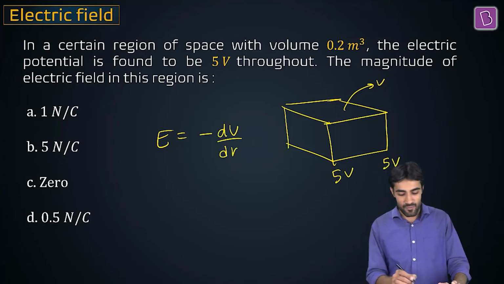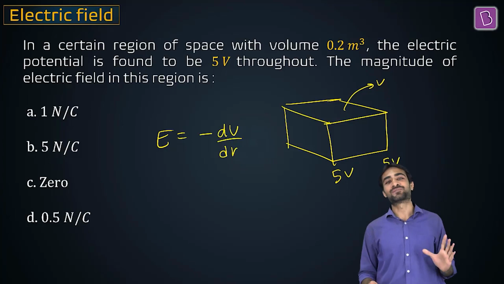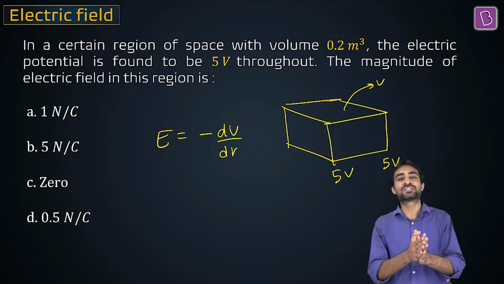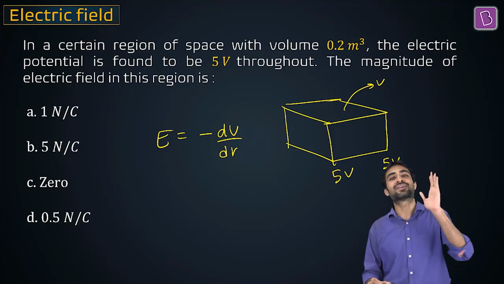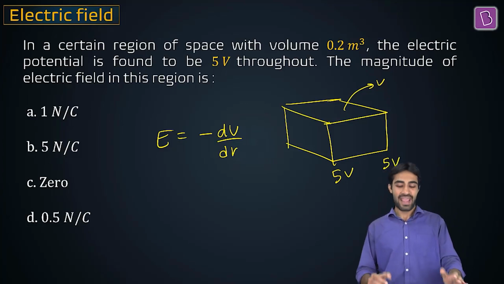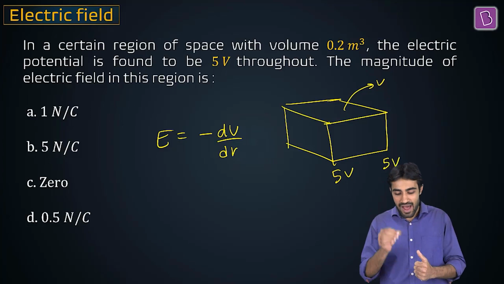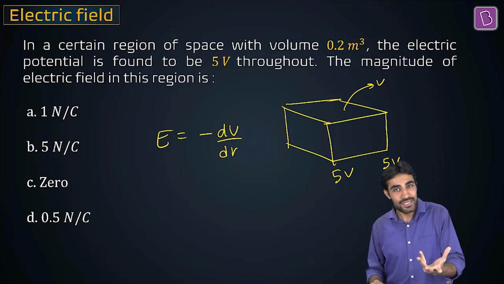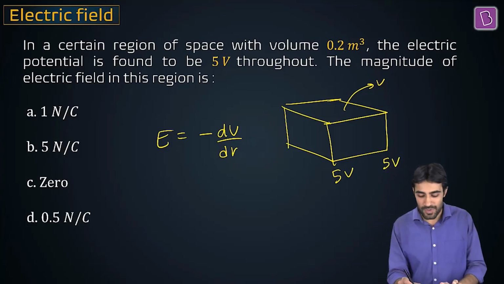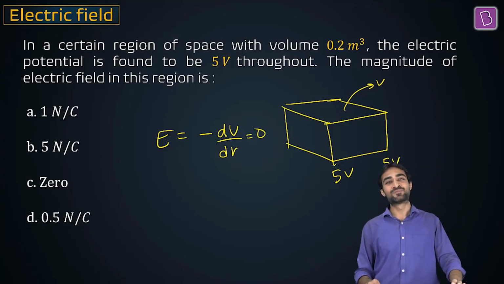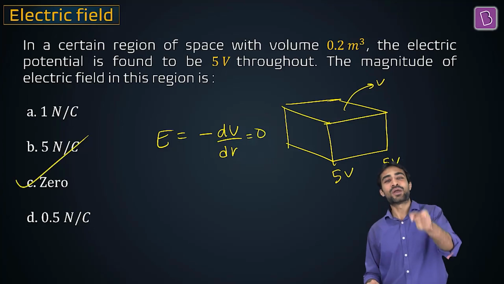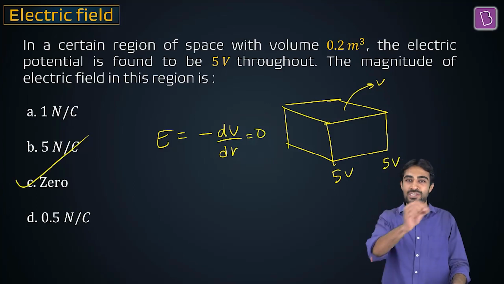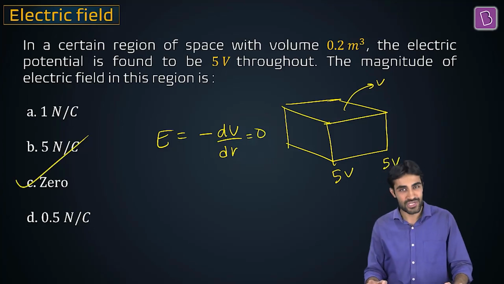So this means when the potential changes with r, the distance, then we get the electric field, right? And we can see in our case the potential is constant. So when dV is equal to 0, electric field is also 0. Isn't it true? So option C, 0, is the value of electric field. Option C is the right answer for our question.